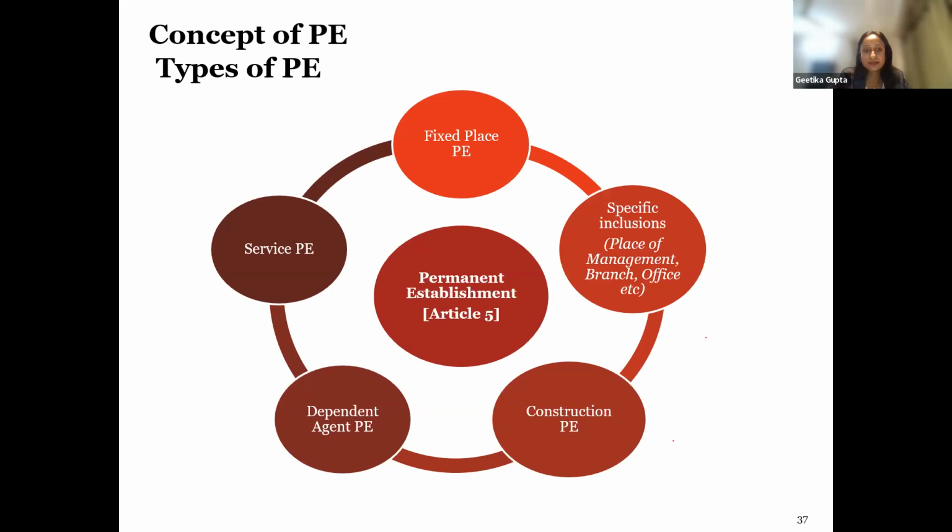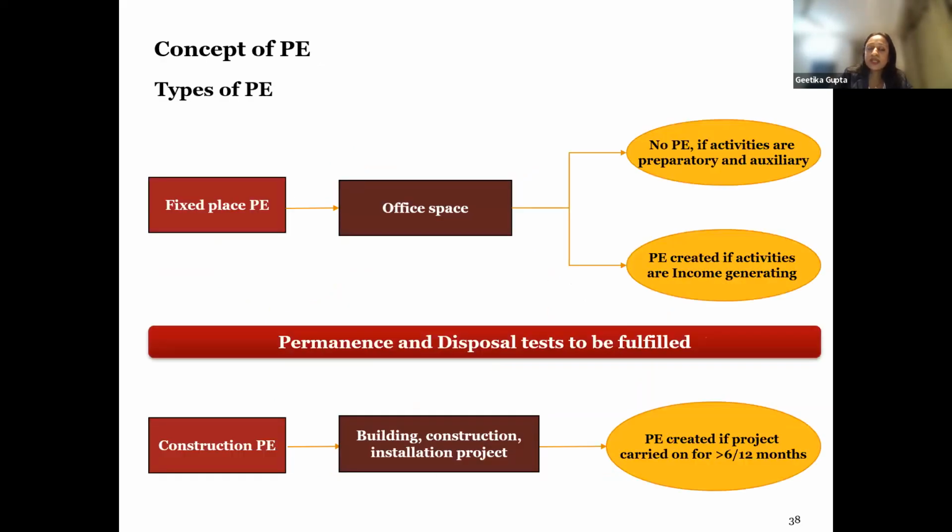Next slide, please. So these are the different types of PE, what I just discussed. We will start with the fixed place PE, then move on to agency PE, service PE, etc. Next slide. Fixed place PE, we will be talking about in the ensuing slides, that if the foreign company has an office space in India, let's say there is a permanent office of the foreign company in India, how that results in a fixed place PE, whereas the fixed place PE may not be construed if the activities undertaken by a non-resident are just of preparatory and auxiliary nature.